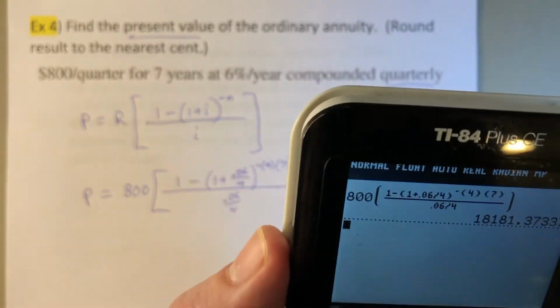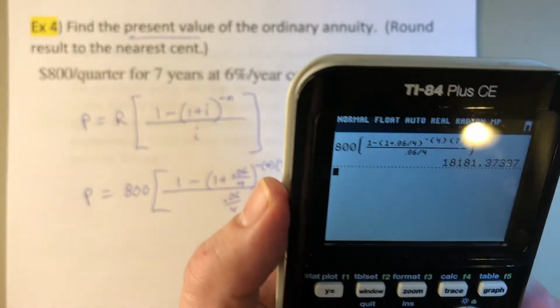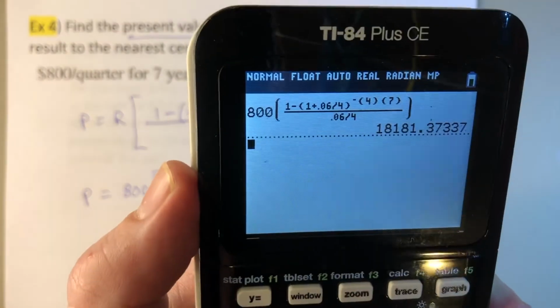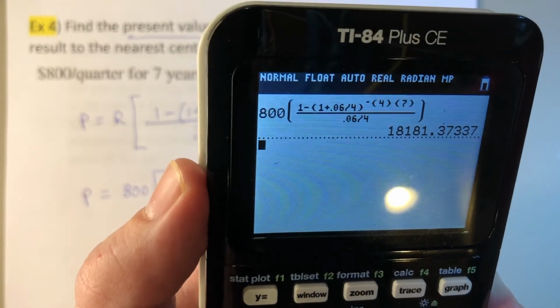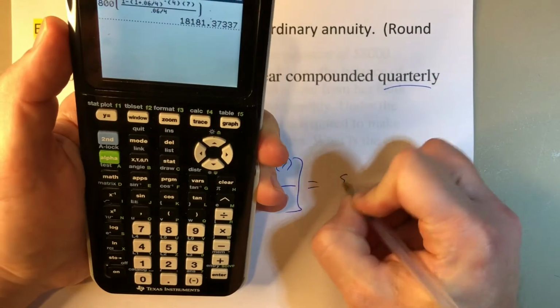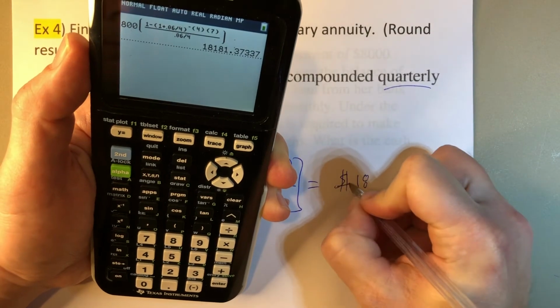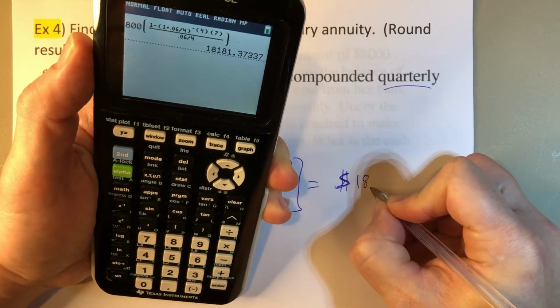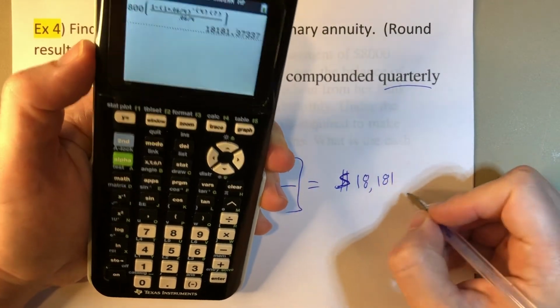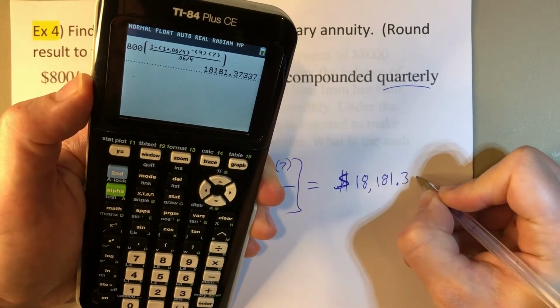This would be the amount of the loan that you would need to, let's say, buy a used car. So the answer, what's the loan amount? Well, it'd be $18,181, and to the nearest cent would be 37 cents.